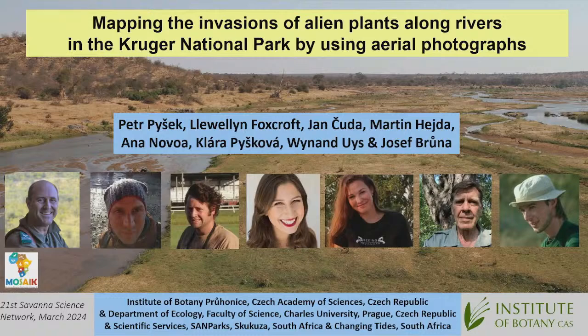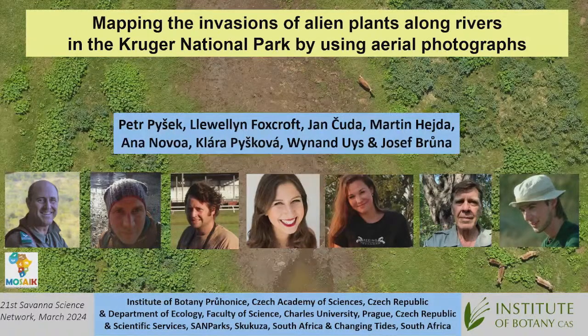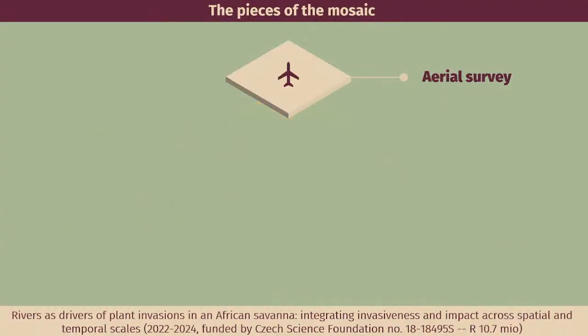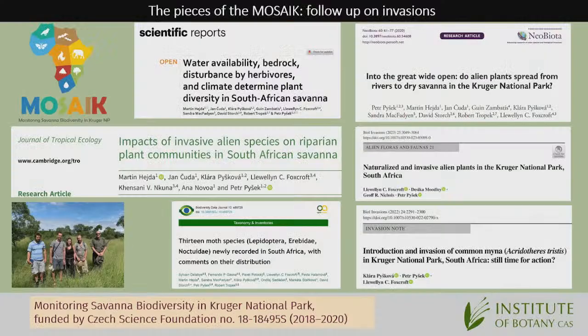We stick to the same habitat, riverbeds in Kruger, but we will look from above, because my part will concern the aerial survey, aerial monitoring. This project is a follow-up of the Mosaic project that we did before here in Kruger, where we looked at the species richness and diversity of multiple taxonomic groups in different habitats across Kruger.